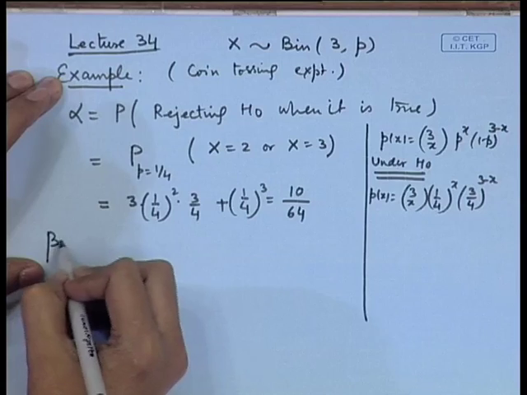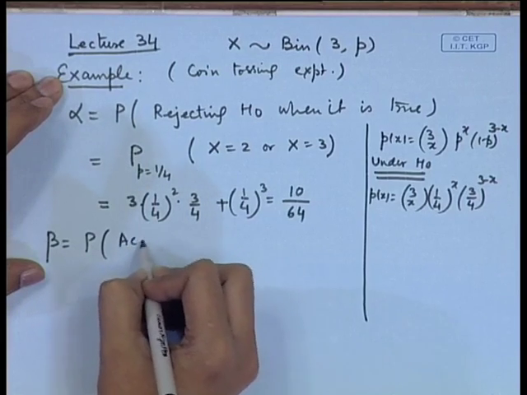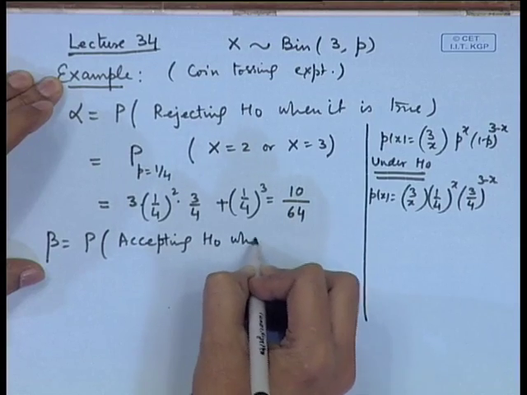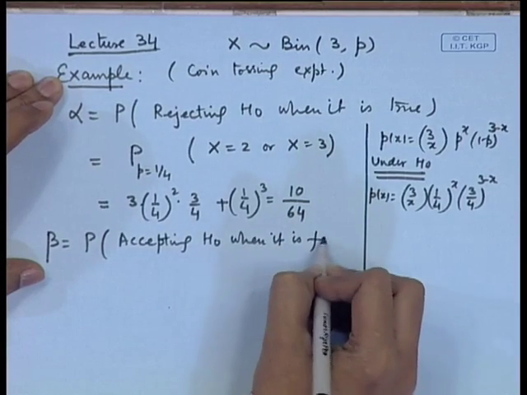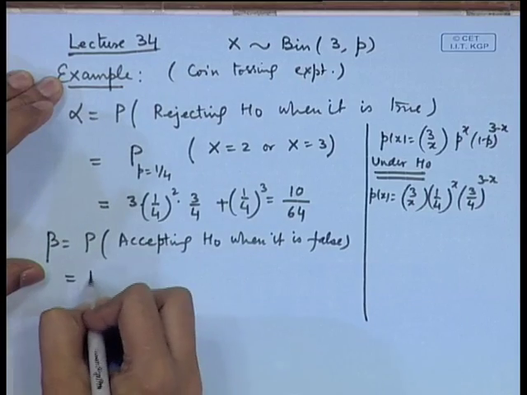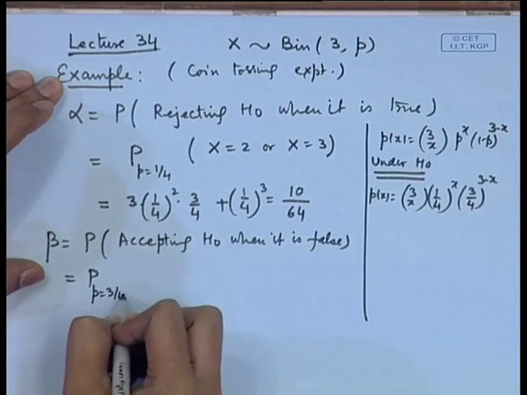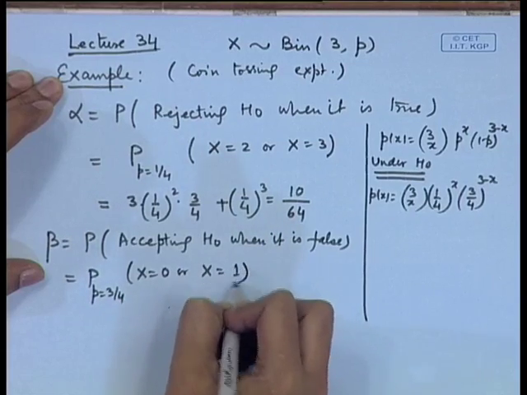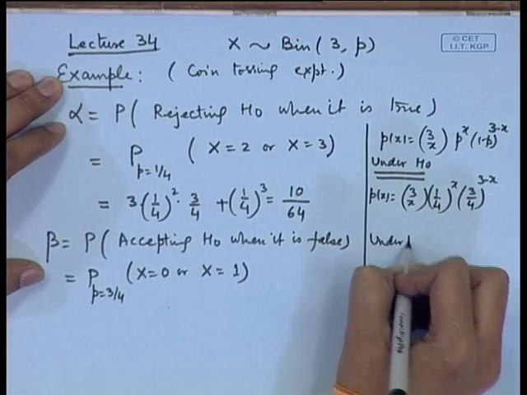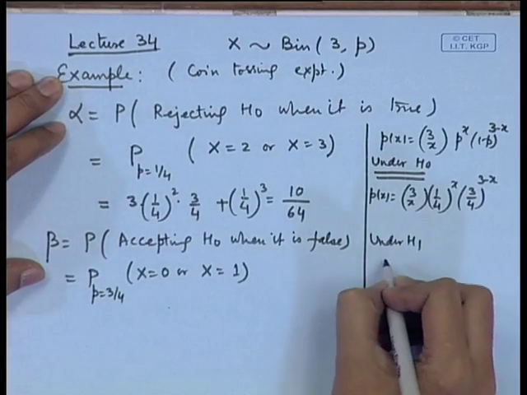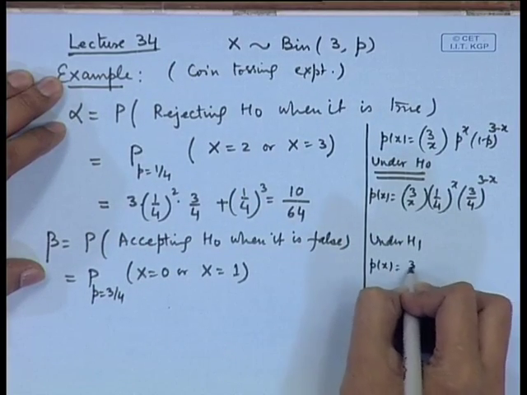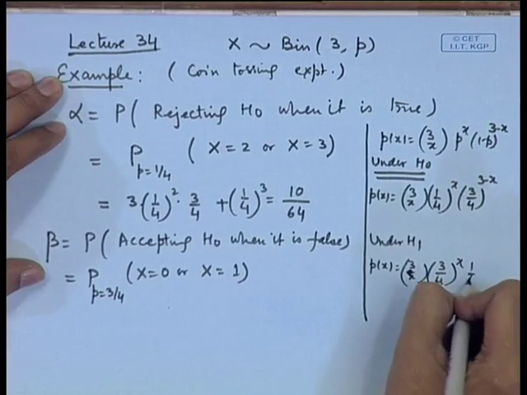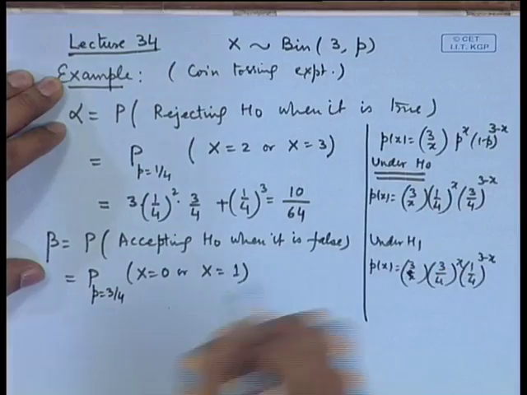So, that is equal to 10 by 64. Let us look at beta, that is the probability of accepting H naught when it is false, that is probability of x is equal to 0 or x is equal to 1 when p is equal to 3 by 4. Now, under H 1, that is when p is equal to 3 by 4, p x is 3 c x (3 by 4) to the power x, (1 by 4) to the power 3 minus x.